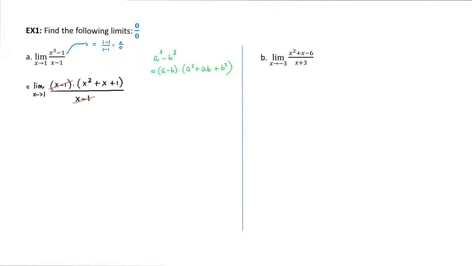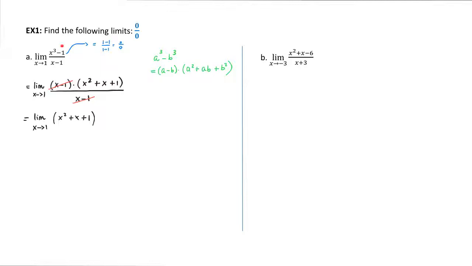So then, continuing now, I can do the limit as x approaches 1 of x squared plus x plus 1. And what is really nice about this function is that this is a beautiful, continuous, quadratic function. So then I can find the limit of this function by doing a direct substitution because every quadratic function is continuous.